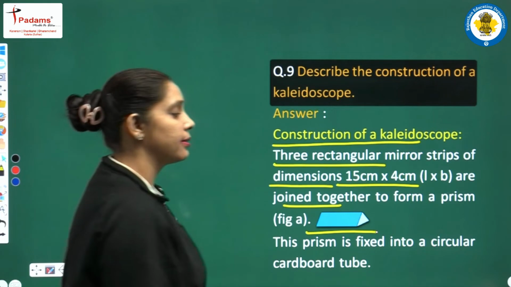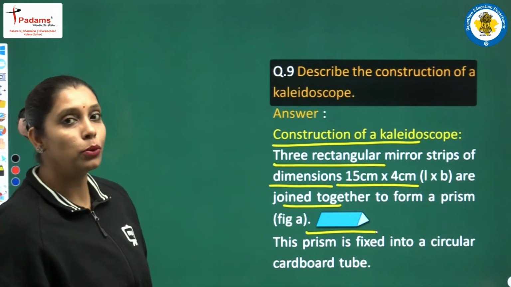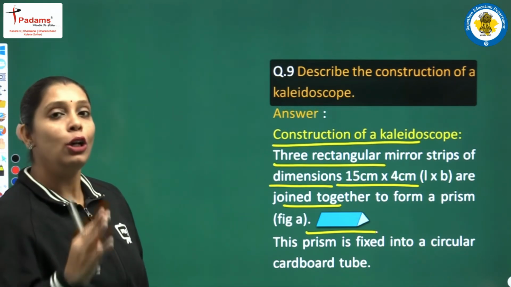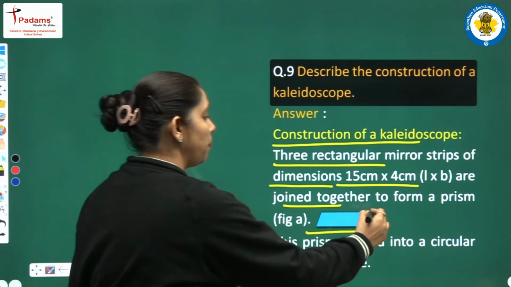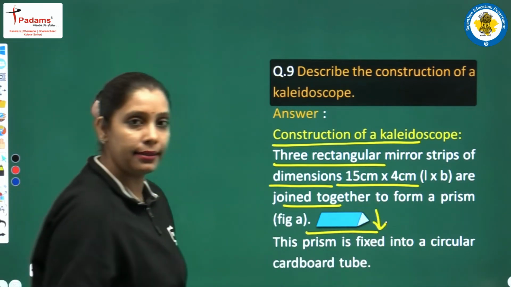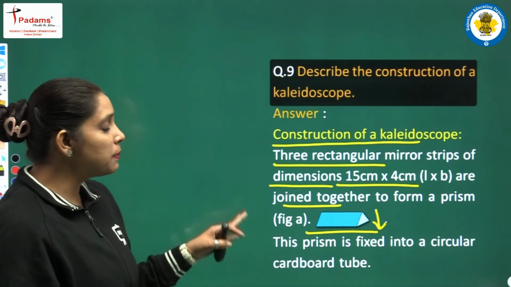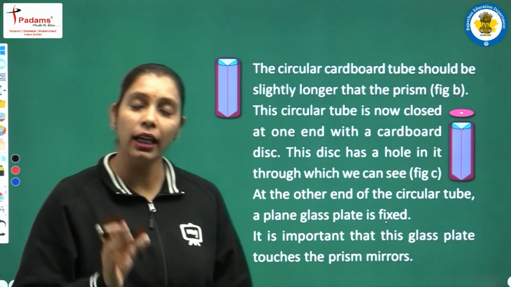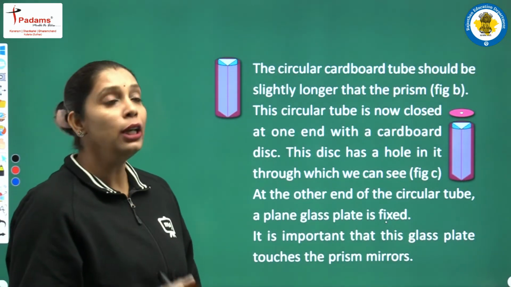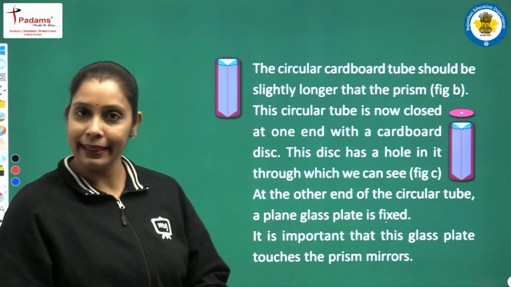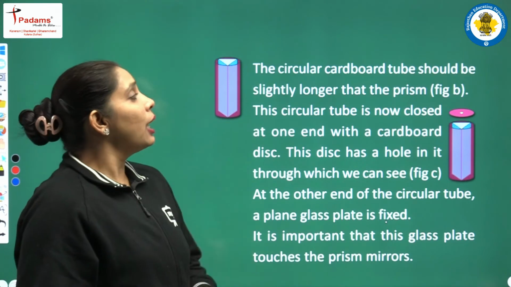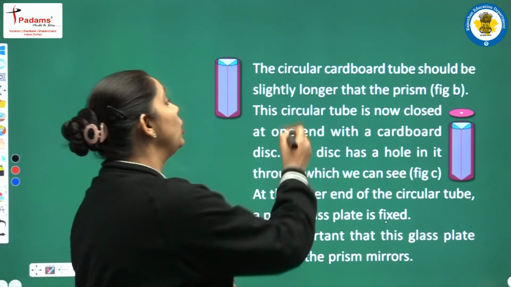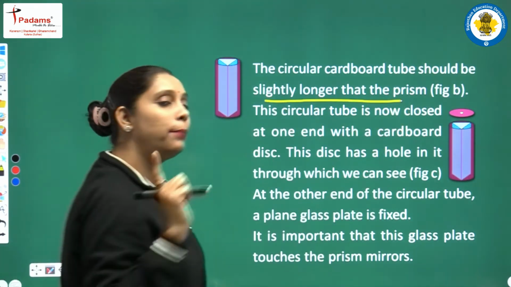Have a look like this. ठीक है, आपको 3 rectangular strips लेनी है, उनको इस तरह जोड़ना है कि आप एक prism बना सकें, like this. This prism is fixed into a circular cardboard tube. ठीक है, आपको एक circular cardboard tube लेना है, उसमें उसको fix करना है. Clear?